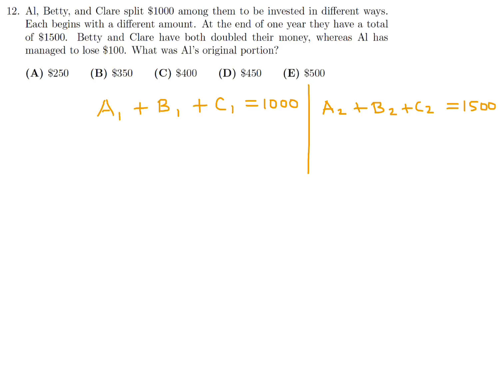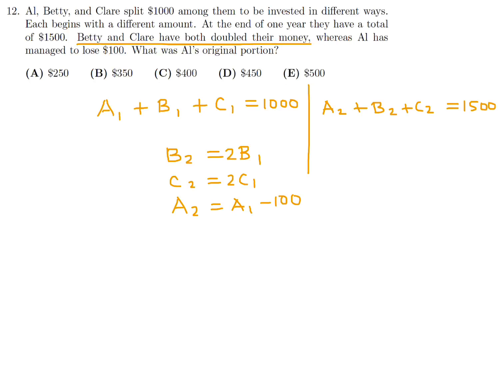And then they give us some conditions: B2 is twice B1, and Claire has doubled her money too, so C2 is equal to 2 times C1. And Al loses $100, so A2 is A1 minus 100.